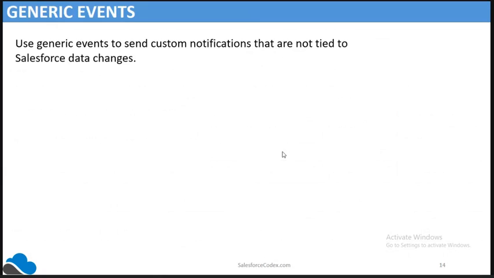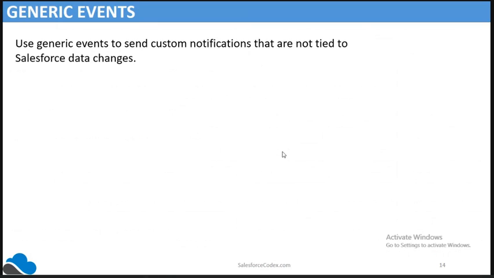Now we have the generic event. In push topic, the data modification is done, then you want a notification. But in some scenarios you want to notify a third-party system or any client for normal events. You don't want a notification for changed data.